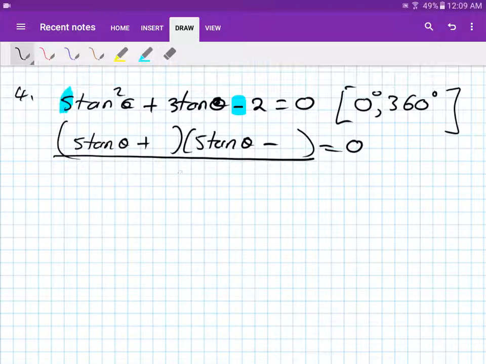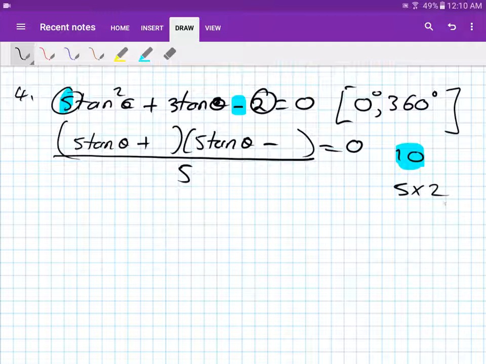Now what times what gives me 10, and the difference is 3? Of course, 5 and 2. The difference is 3 because it's positive, so that should be 5 here and 2 here.